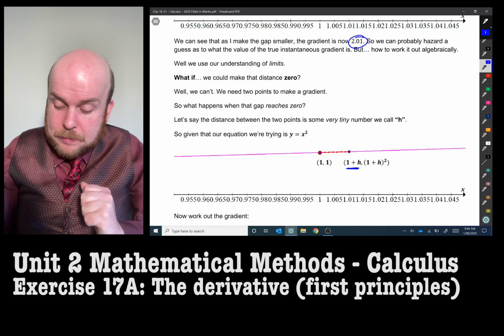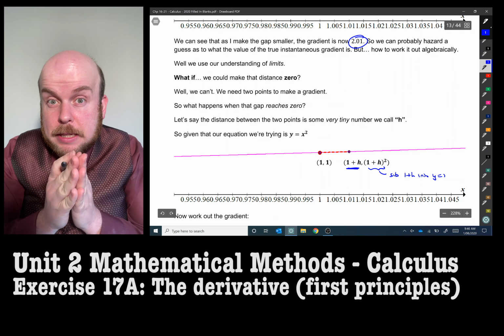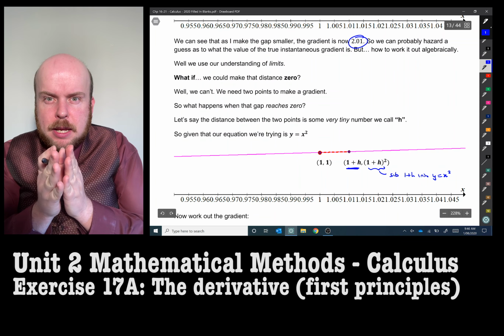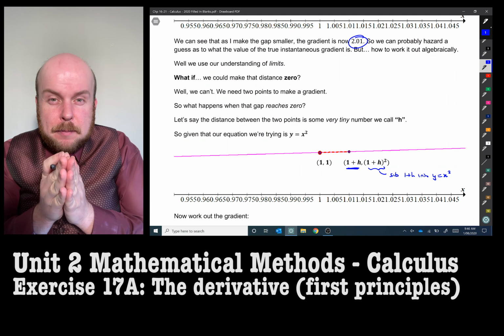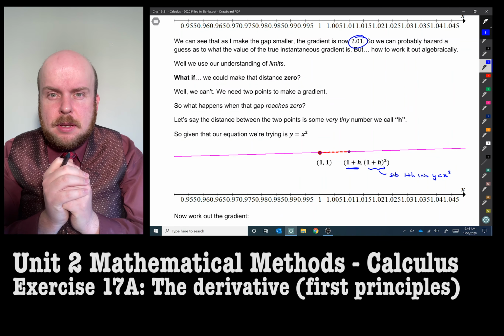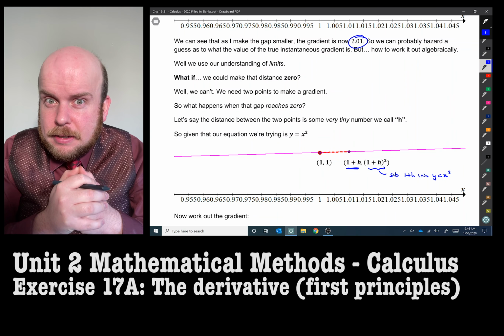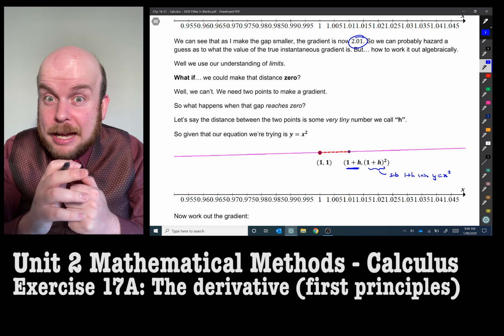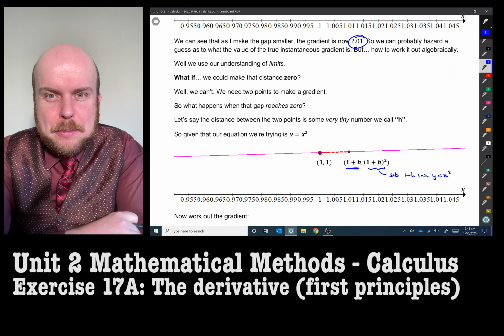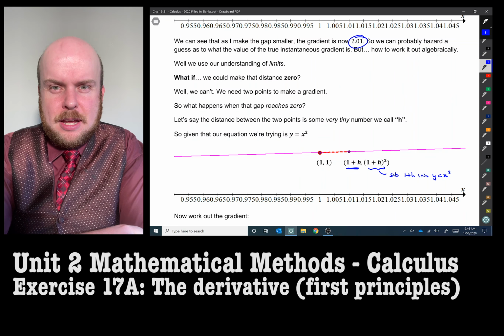And so therefore I just substituted 1 plus h into y equals x squared. So I just made that 1 plus h a little bit away. I want to make that h 0, but I can't make it 0, otherwise that'd be silly. I need a second point. So what if I was to take the limit as h approaches 0? And now we have a practical application for that limit topic.